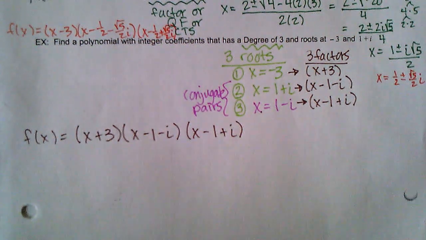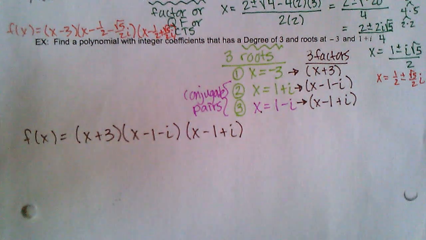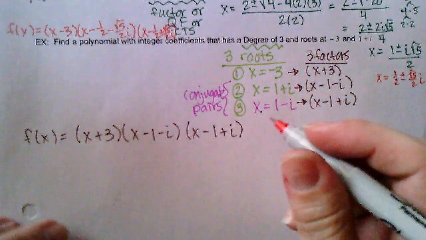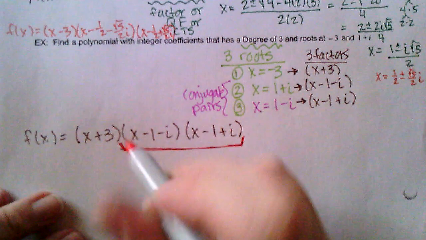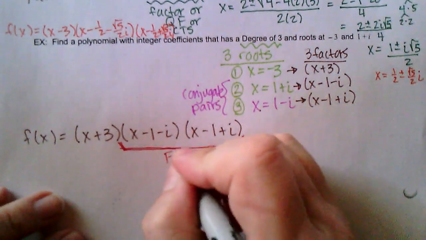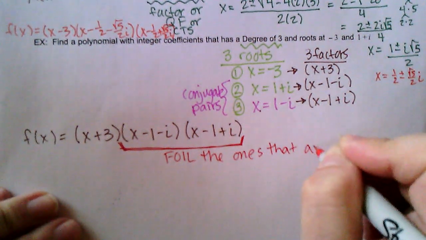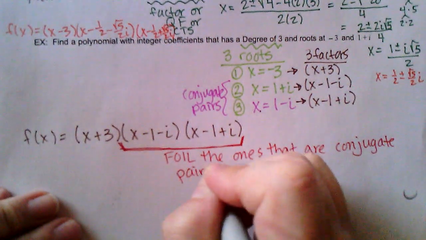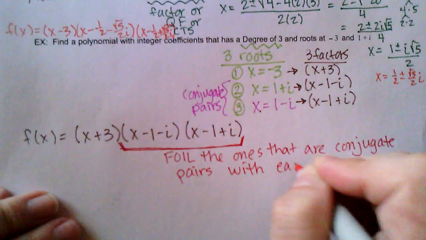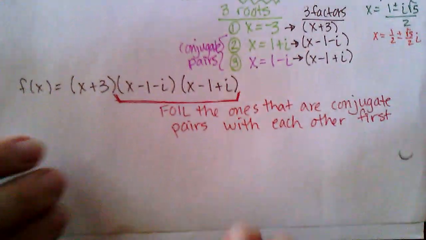Now, since it says we have to have a polynomial with integer coefficients, we're going to have to multiply all that stuff out before we can answer that question. My strongest piece of advice to you is, even though we're going to be multiplying all 3 of those together, what you want to do is FOIL the ones that are conjugate pairs with each other, and do that first before you do any other multiplying.